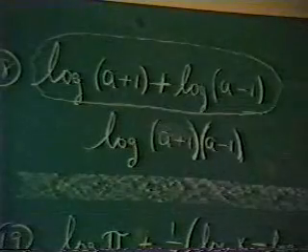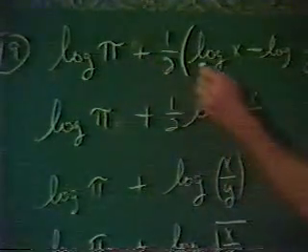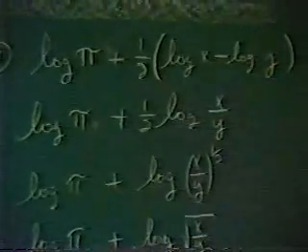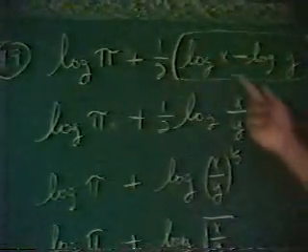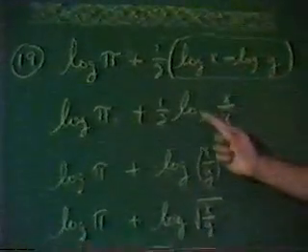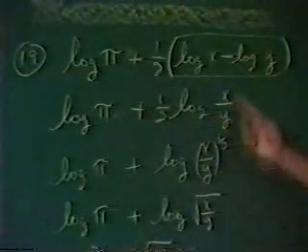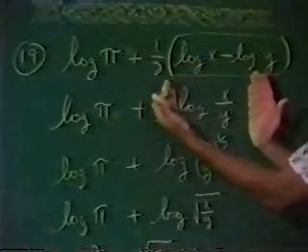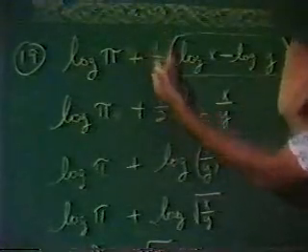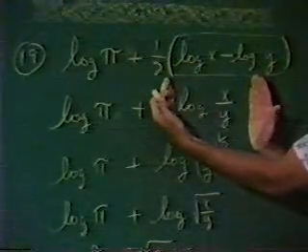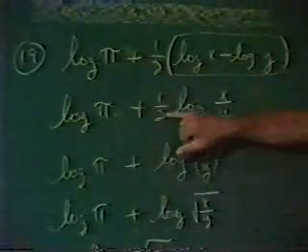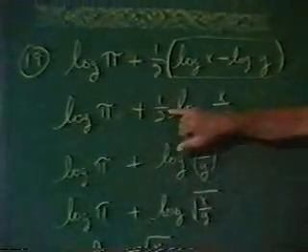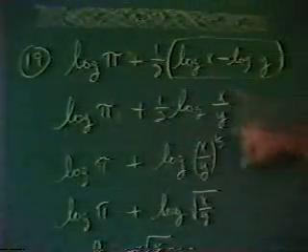All right, example 19. The log of pi plus 1/2, all this. Well, the first concept, let's work this inside. The log of x minus the log of y is the log of x divided by y. Remembering, subtraction is division. Log minus log is log division. Then the next step is to take this number, this is the power, and move it over here to this power.